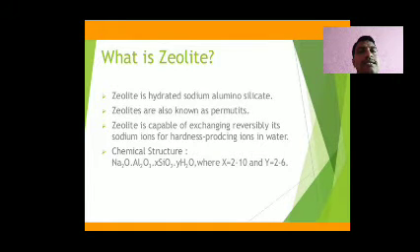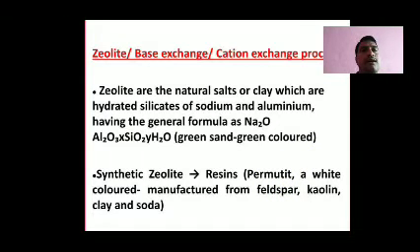Sodium aluminium orthosilicate, Na2Al2Si2O8, is called permutit.